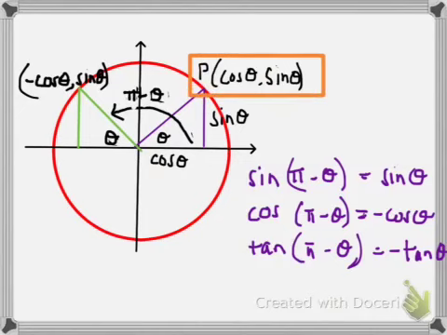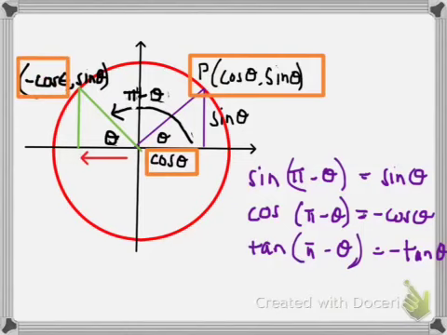Now, if we go into the second quadrant, we'll see that the length there of cosine theta is going in a negative direction, in this direction here. The amount is still the same, cosine theta, but the sign is different. So it's negative cosine theta, because it's in a negative direction.